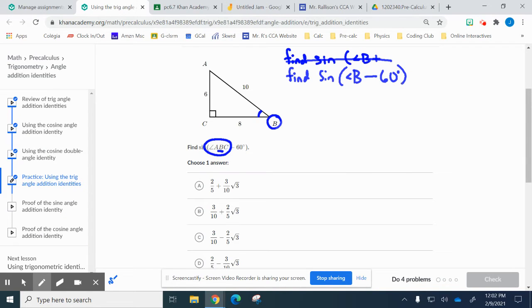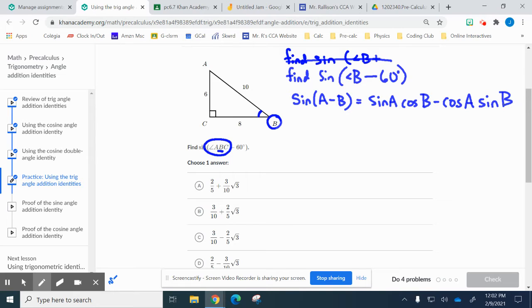So that is going to be sine of A minus B equals sine A cosine B, minus cosine A sine B.